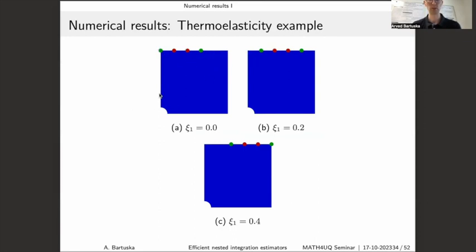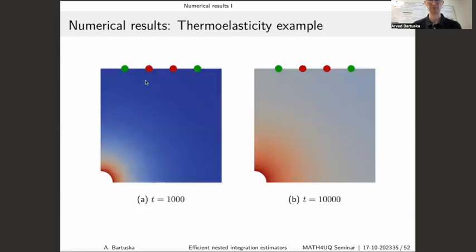If we apply a heat source at this circular exclusion, the plate heats up and we can take measurements at the top, and we want to recover physical parameters, the thermal expansion coefficient, for example. This is what it looks like. This is also a time-dependent problem. So we apply the heat source, we wait a few seconds, and then the material heats up and we can pick up on this increased temperature.